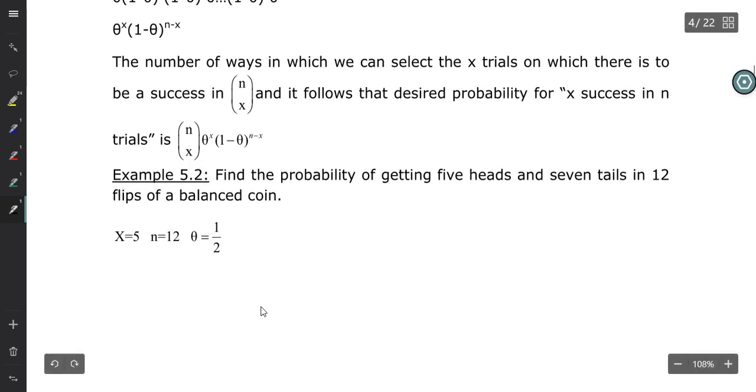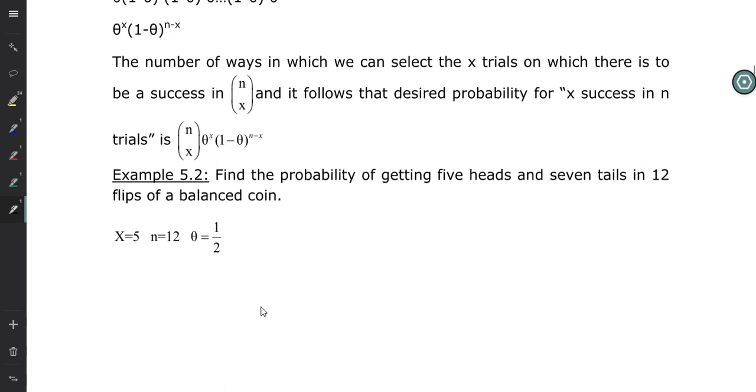Let's try to understand this by using an example. Find the probability of getting 5 heads and 7 tails in 12 flips of a balanced coin. When you see an example like this, you already see that there are only 2 possible outcomes, getting a head or a tail.